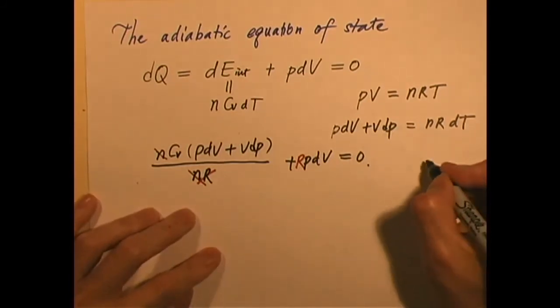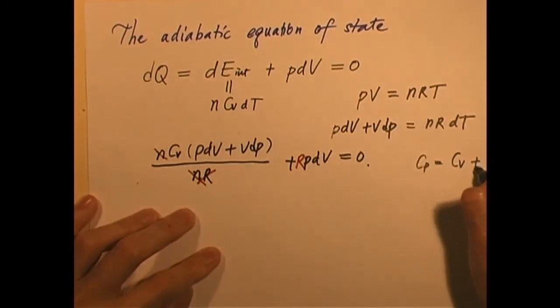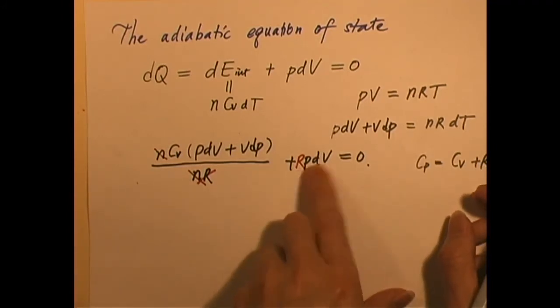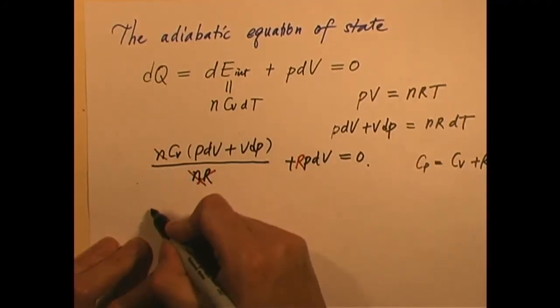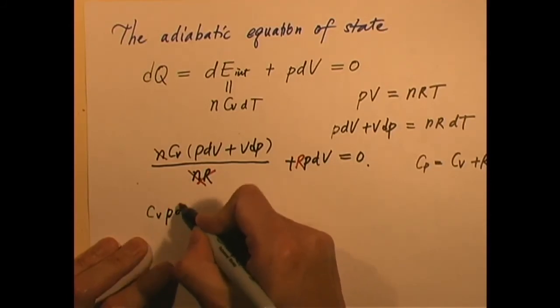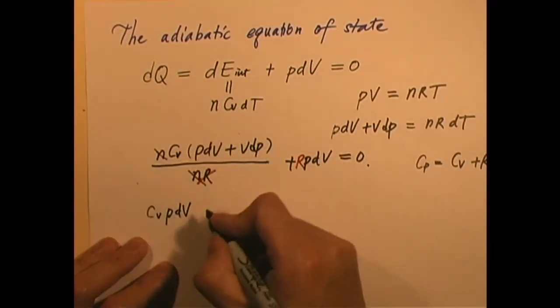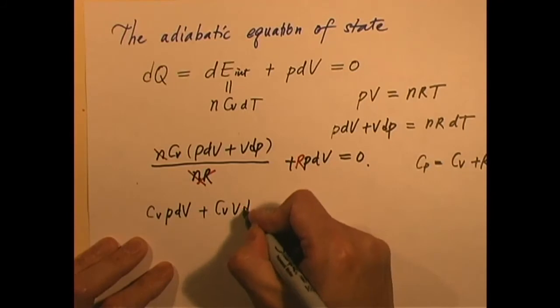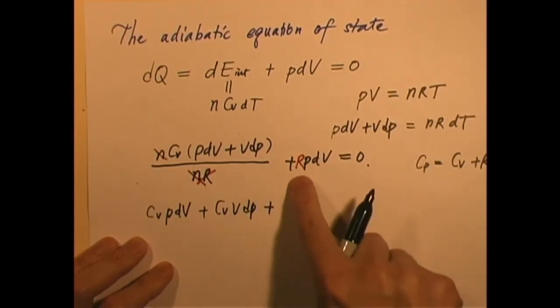Isn't it true that Cp equals Cv plus R? So isn't it true R equals Cp minus Cv? Okay, I'm going to replace R with Cp minus Cv now. Plug it in. So I have here Cv, PdV, plus Cv, VdP, plus R PdV.